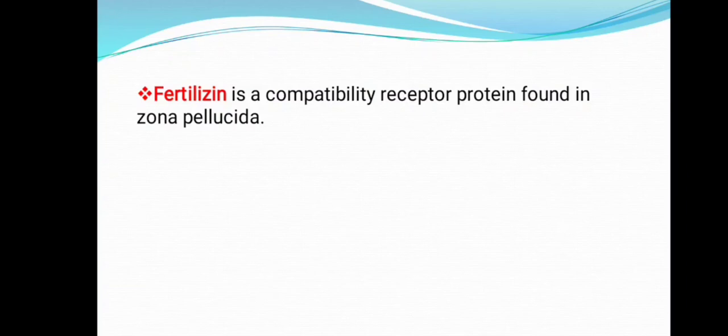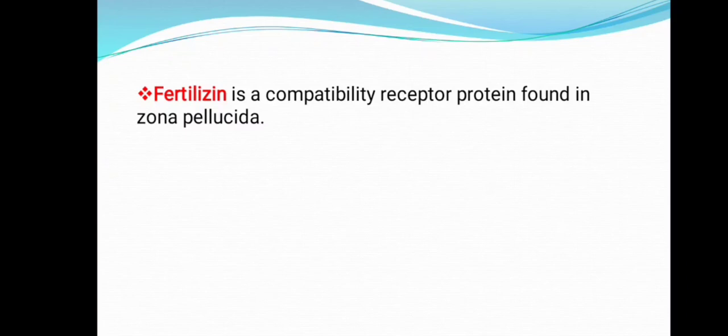Fertilizin is a compatibility receptor protein found in the zona pellucida. The egg is provided with 3 membranes: the inner one is oolemma, next to oolemma is zona pellucida, and outer to zona pellucida is corona radiata.